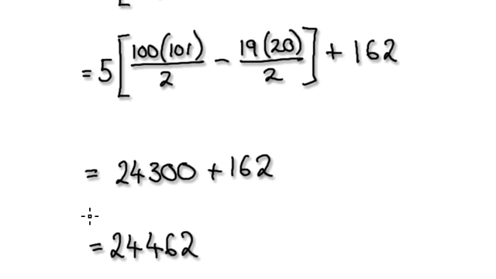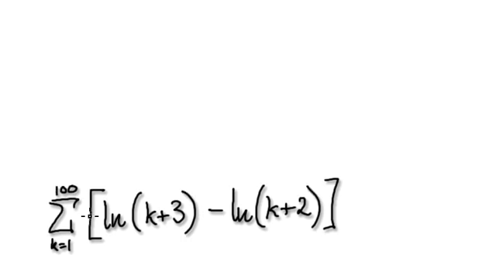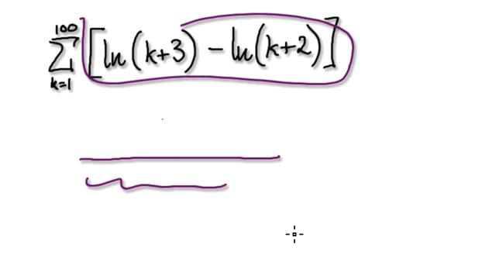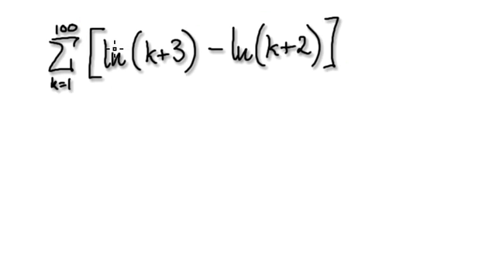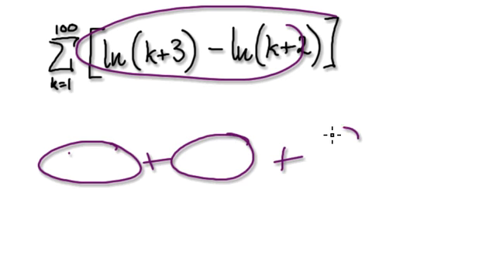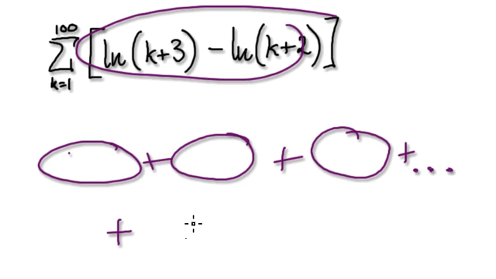Okay, next one. Now evaluate this. As a clue, if you were to write this out as a series, you've got this thing here, plus another thing here, plus another thing here, and then plus dot dot dot, and then plus the last few terms.